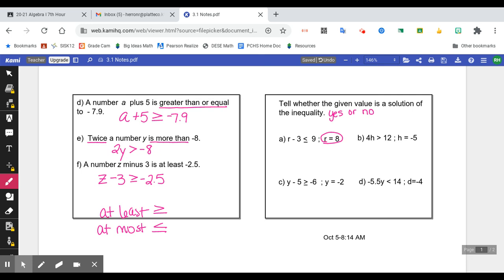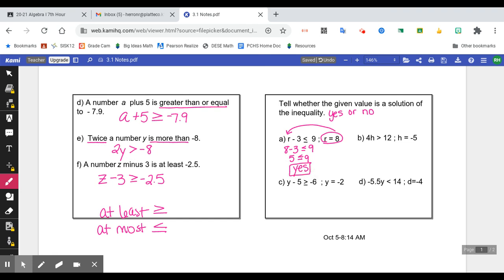So I'm going to take 8 and put it over here for r and see if this makes it true. So 8 minus 3 is supposed to be less than or equal to 9. Well, 8 minus 3 is 5. So is 5 less than or equal to 9? Yes. So 8 could be a possible solution to that inequality.